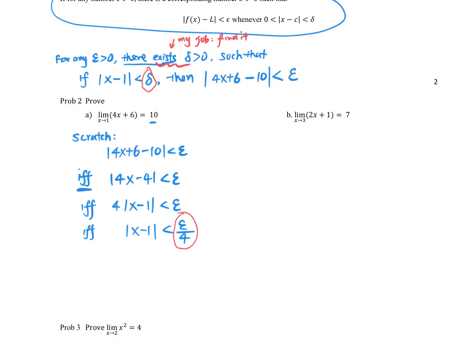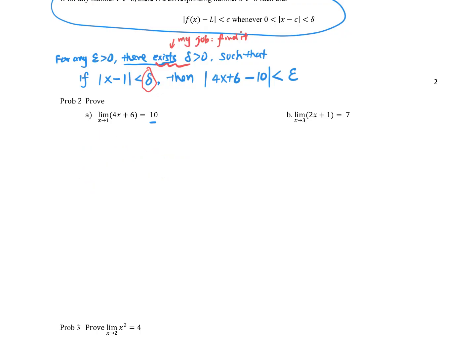So therefore, now with this scratch work, I believe I can write my formal proof, which will be pretty short. I do have to erase to get some room, but you've seen the scratch work. So here's what I would write as my formal proof. I'll say for any epsilon greater than 0, or sometimes you can just say let epsilon be greater than 0, those languages are acceptable.